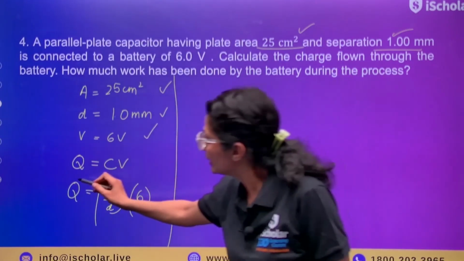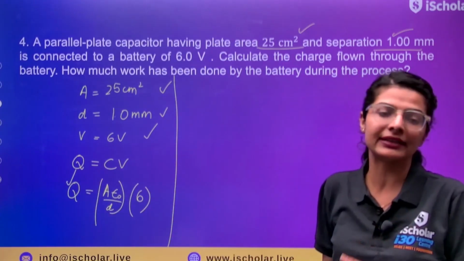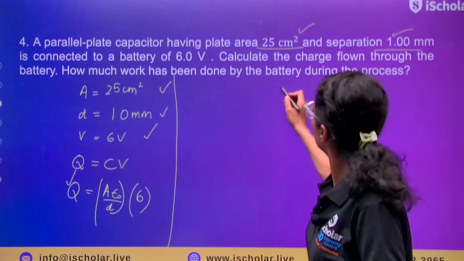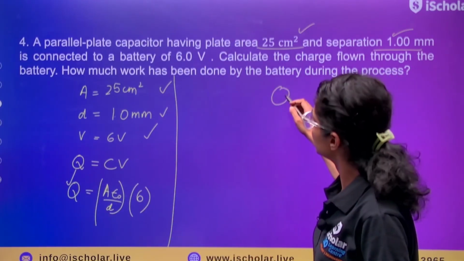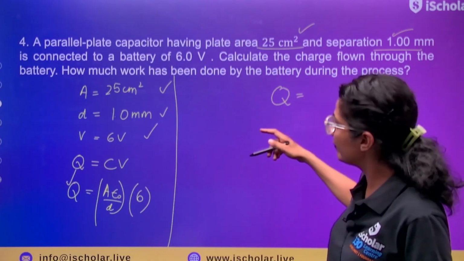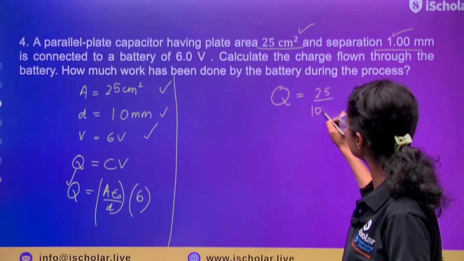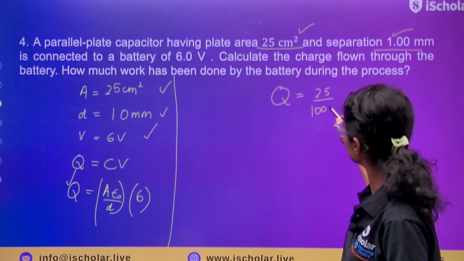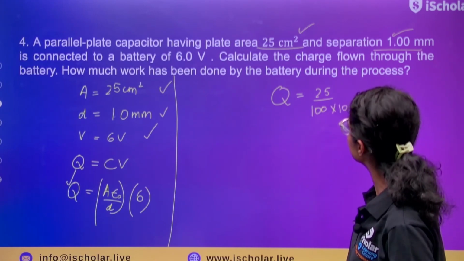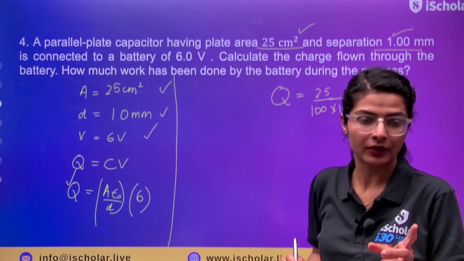We can easily calculate Q through this. So from here, the area is 25 centimeters square. I'm writing the value of this 25 centimeters square, converting this into meter square.